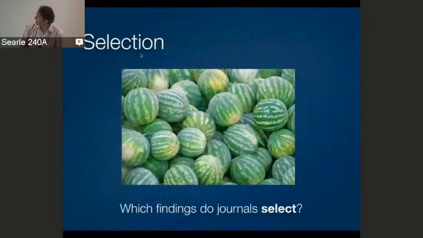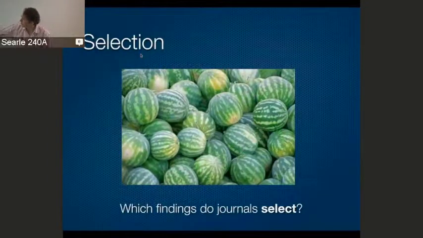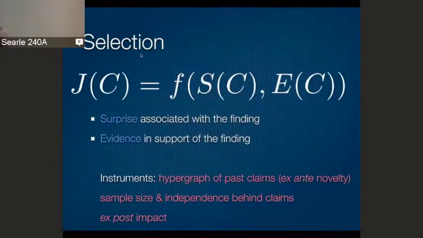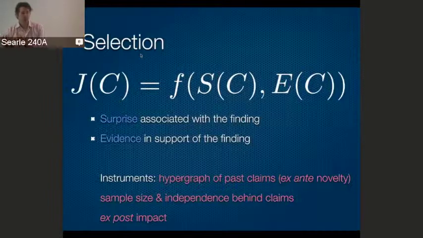And then finally, selection of claims, right? So what findings do journals select? Well, they select findings often as a function, and this is a cartoon really, of surprise and support, right? So if you get an article into Nature, if it doesn't have much surprise, it better have enormous support. If it doesn't have enormous support, it better have remarkable quantity of surprise. So it's a product of these two things.